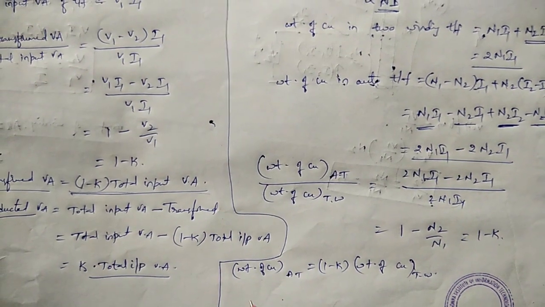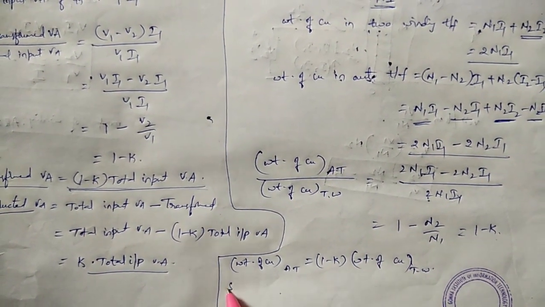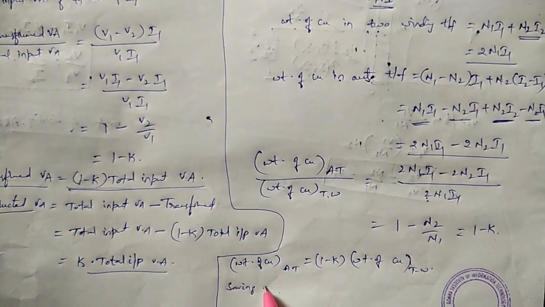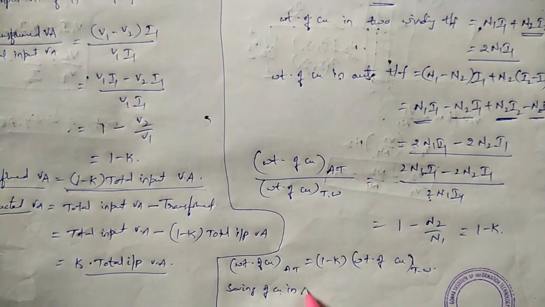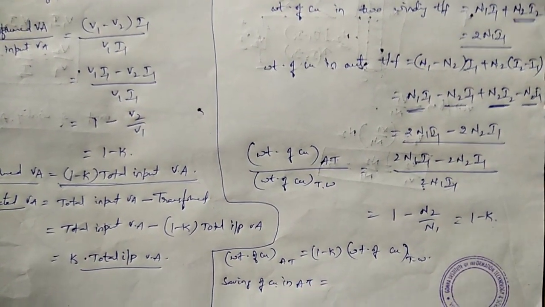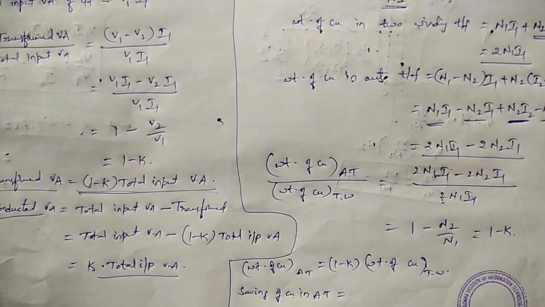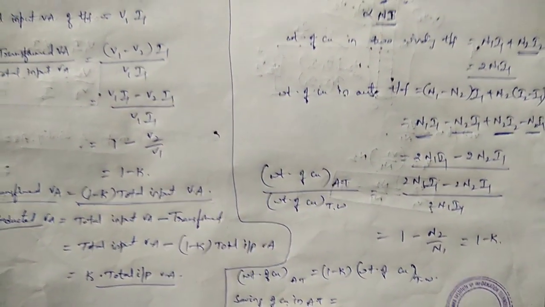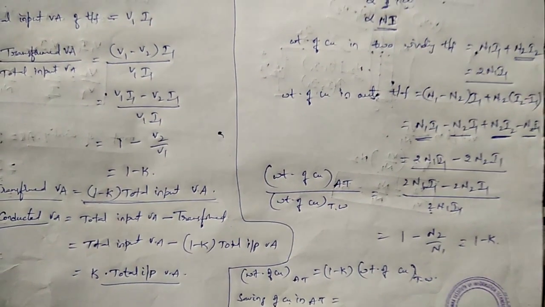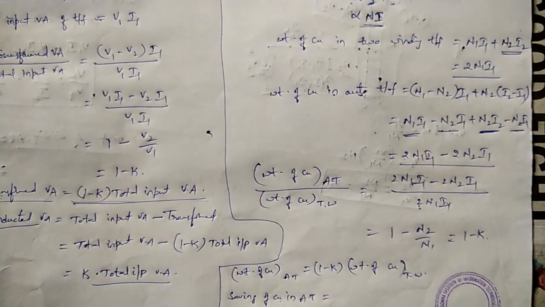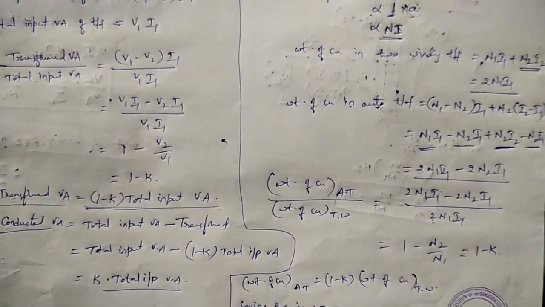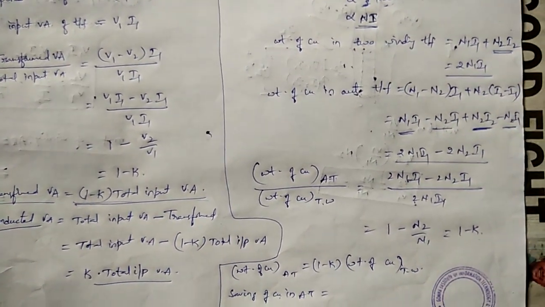So now, how much saving of copper in the auto transformer? That means in the two winding transformer you are using some copper material, and in the auto transformer you are using some copper material for the same rating. Okay, you have to take the same rating of both transformers. Then how much will be saved?